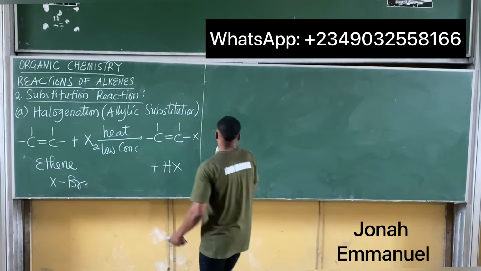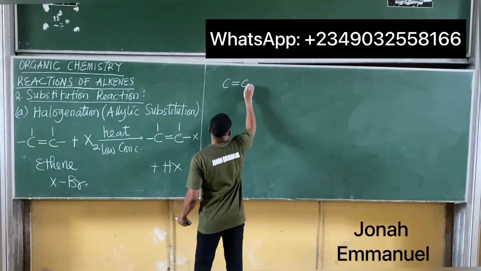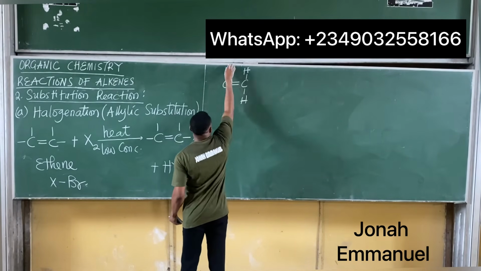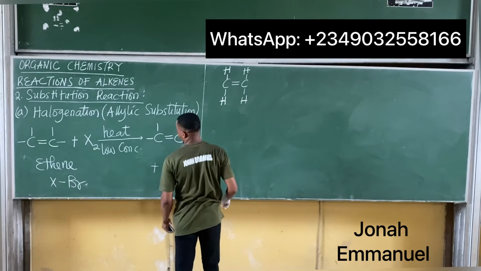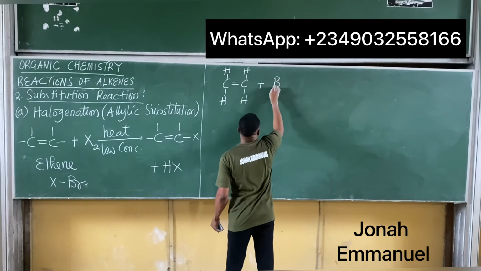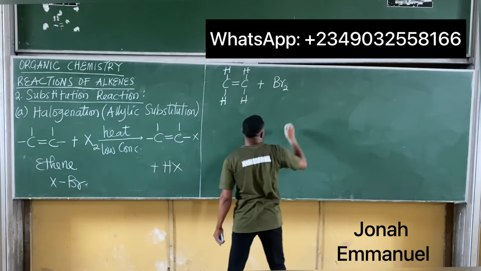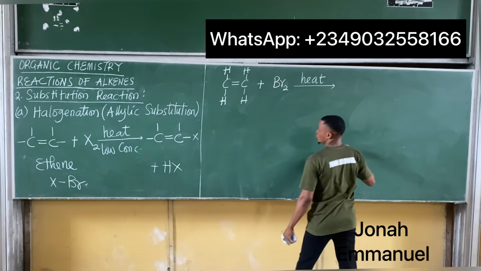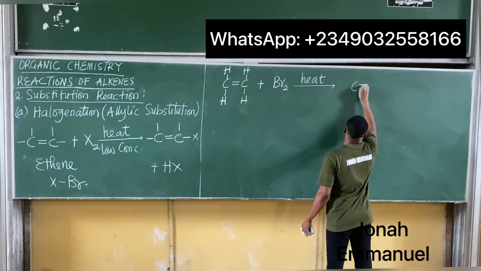That's 1, 2, 1, 2, 1, 2. Compound 18 plus Br2, so X is now Br. Br2 under heat and, of course, low concentration, to give you 1, 2.